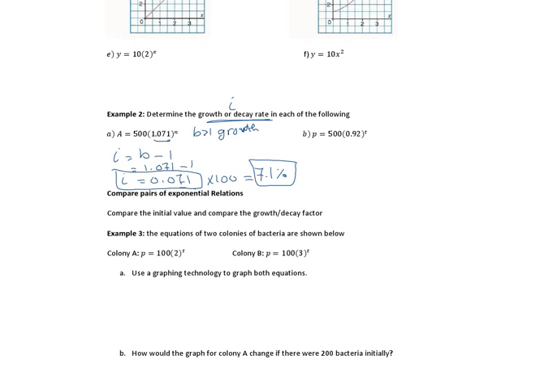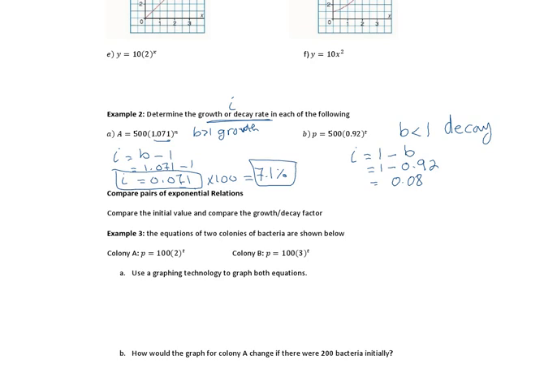How about the second one? Decay. Again, I am looking for I. The question's asking me to find my decay rate. I equals 1 minus what? 1 minus b, so 1 minus 0.92, which is 0.08. Is that clear?